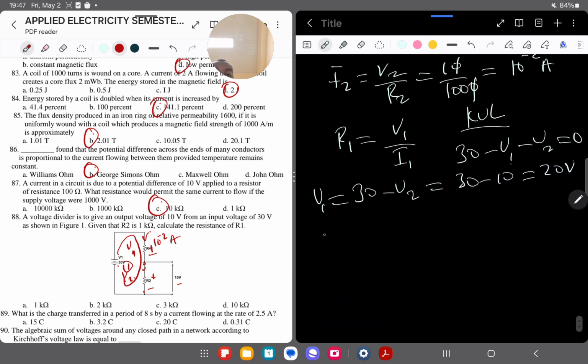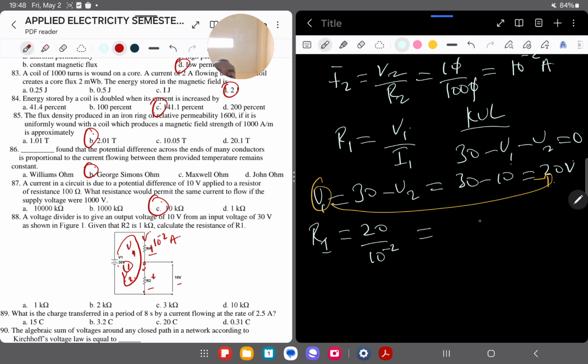Once I've gotten the 20 volts, I can now calculate R1, the resistance. This is V1, which is now 20 divided by the current, which is 10 to the power minus 2.